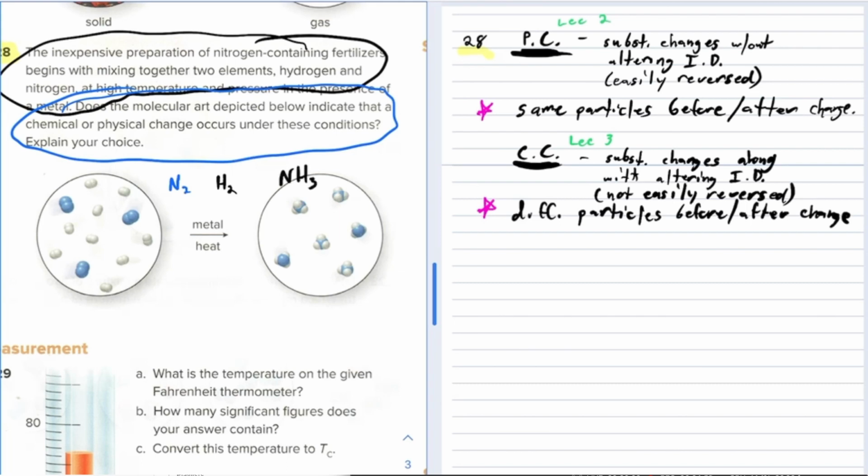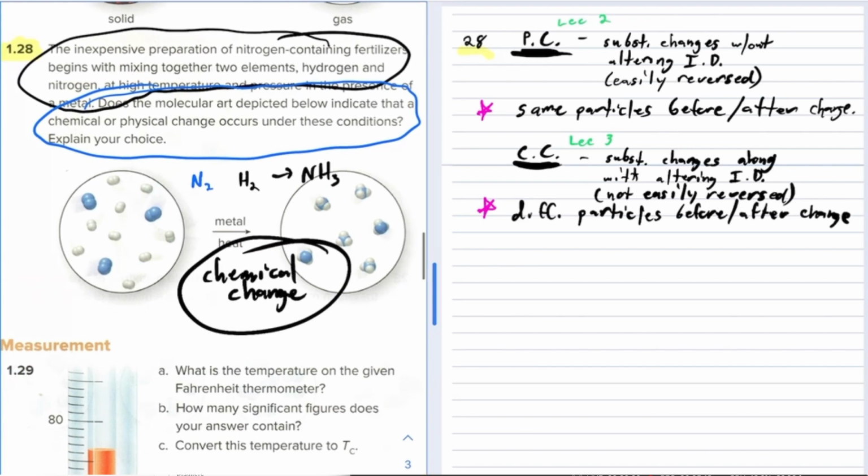And that's the fertilizer. So just by looking at the particles, you can see that you have different particles before versus after. So I'm going to call this a chemical change. Okay, so that's number 28.